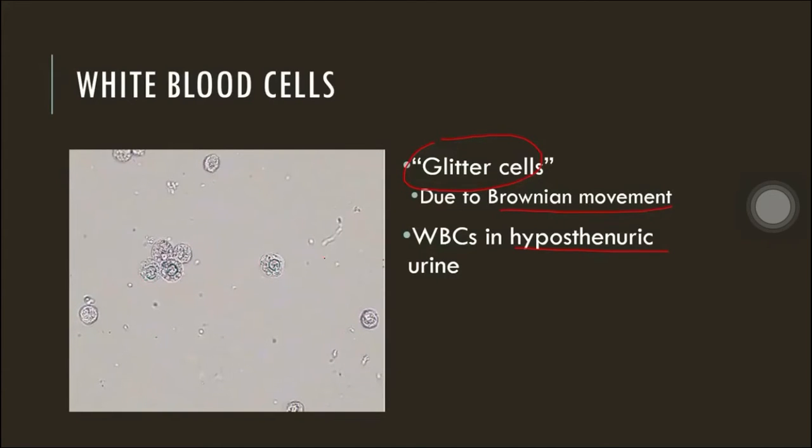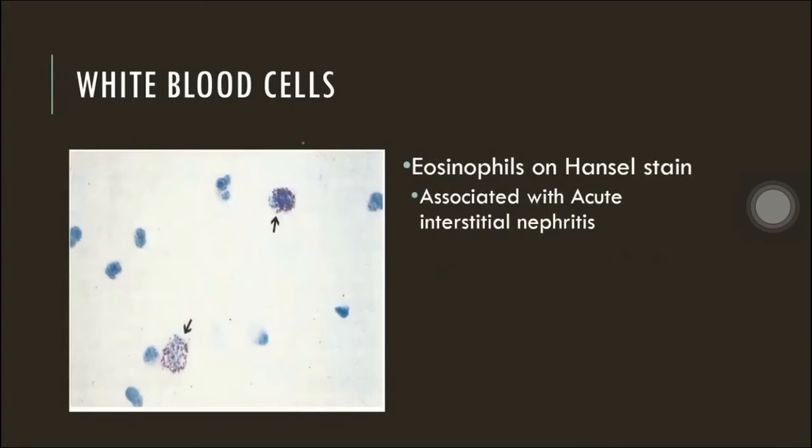So again, WBCs in hyposthenuric or low SG urine may resemble glitter cells. For RBCs, earlier, RBCs in hyposthenuric urine may have a ghost cell appearance. So again, this is eosinophils and Hansel stain.